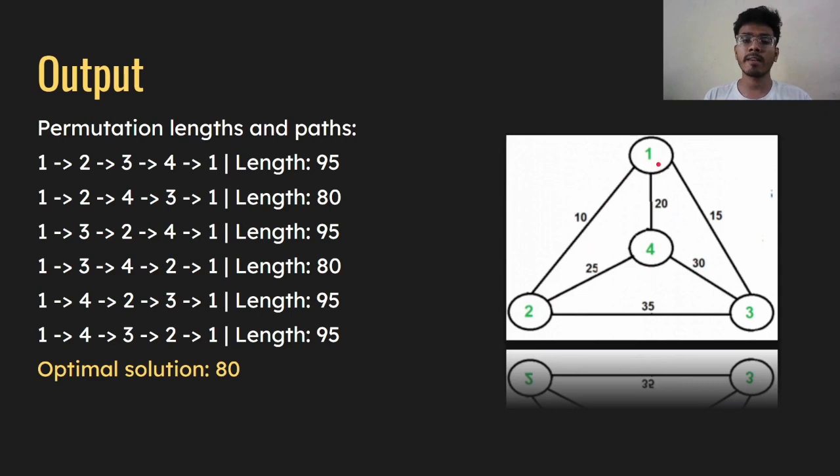It will select the city with the minimum or least distance, that is 2, and then 2 has two options for unvisited cities, that is 4 and 3. The nearest is 4, and then from 4 it has nowhere else to go but 3. And now, since all the nodes have been traveled, it will go back to the initial node, that is 1.